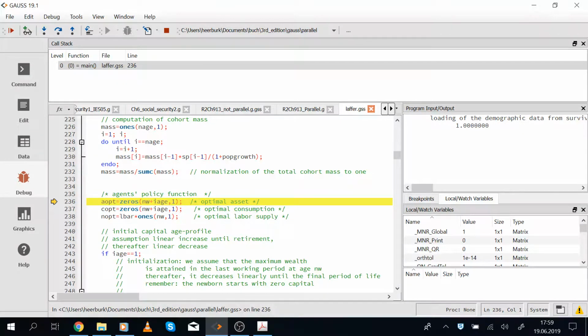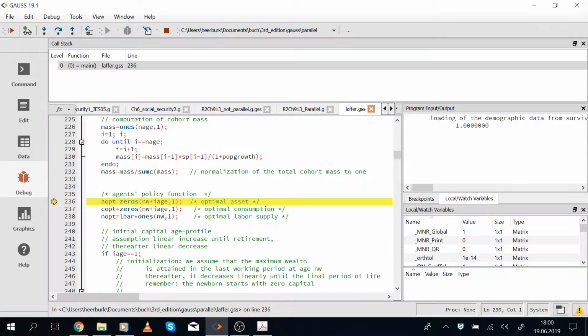And if you do not know how to compute such a thing, why we have used this formula, please look it up in my book on public economics. Next, we initialize the agent's policy functions, the ones on optimal assets, consumption, and labor supply.